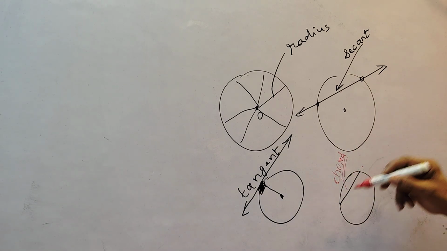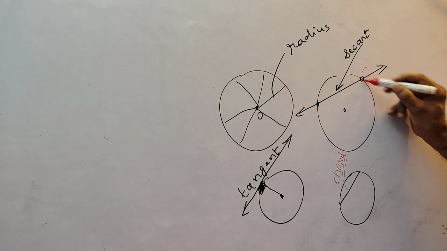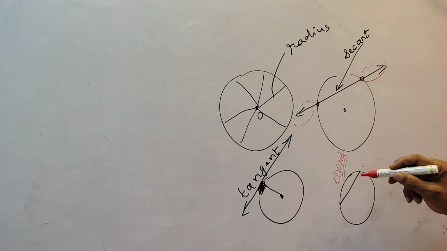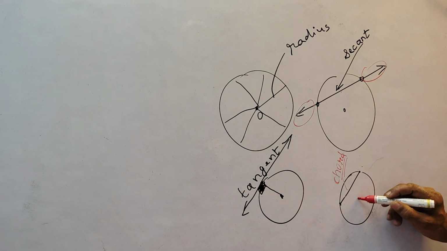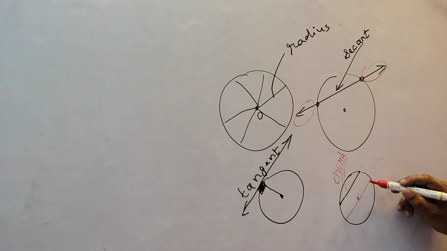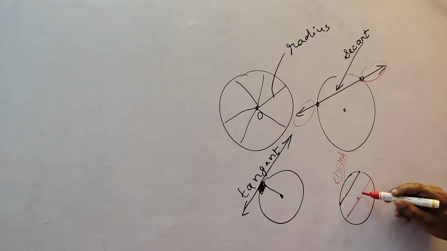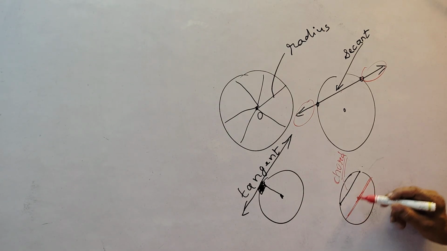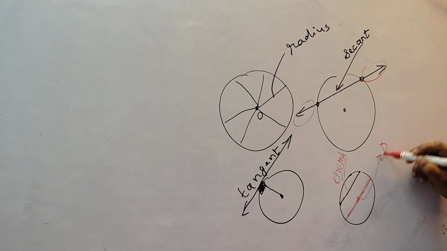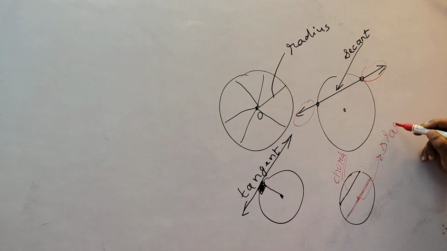It is a part of the secant, because the outer part of this secant we removed, it is now called a chord. And the longest chord in the circle is the diameter.